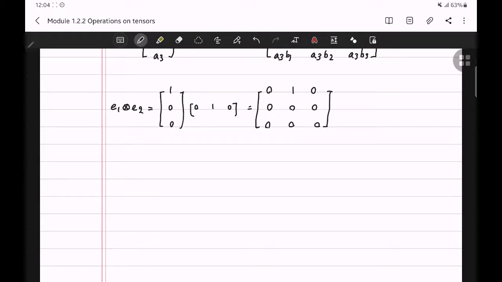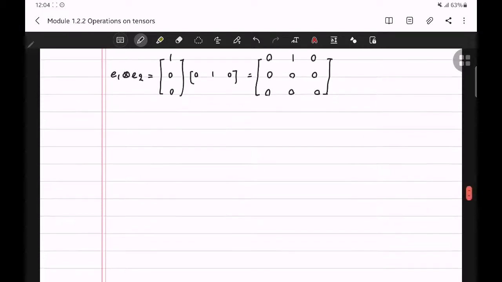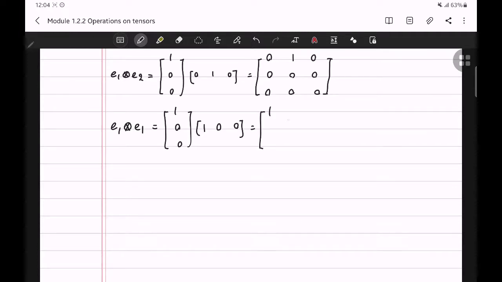So you can see that this is equal to, let's say, the delta ij here. E1 dyad E1 is nothing but the dyad of these two, which is 1, 0, 0. The rest are 0. So you can see that this is equal to delta 1, 1.